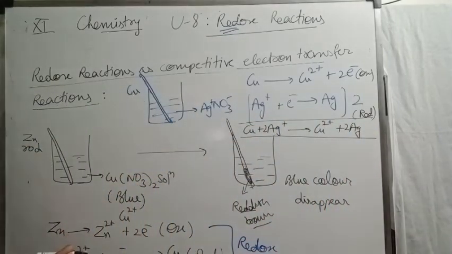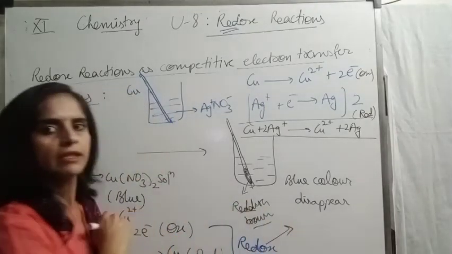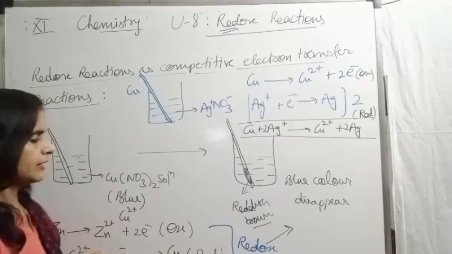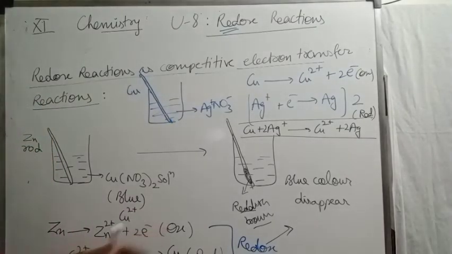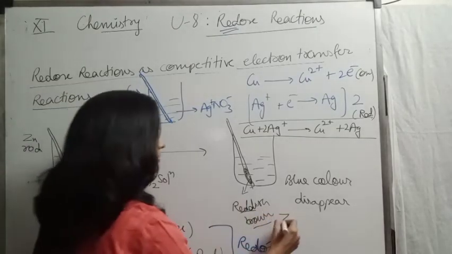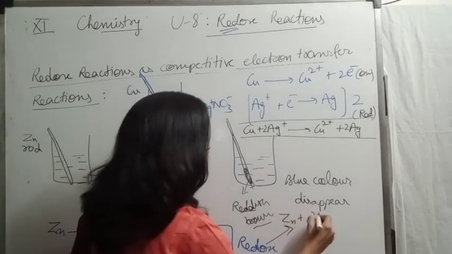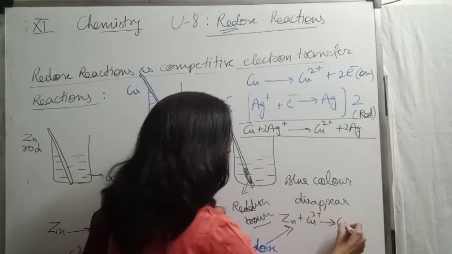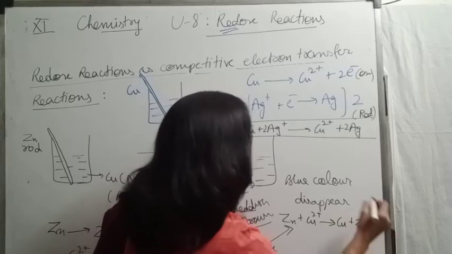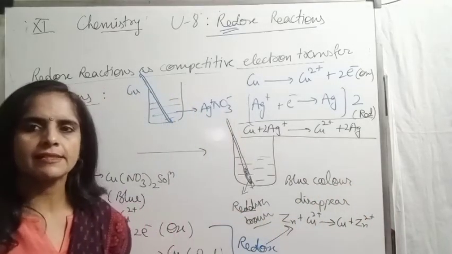Similarly here also, by adding these two reactions, we may write the overall redox reaction: zinc plus copper ions gives you copper plus zinc ions.